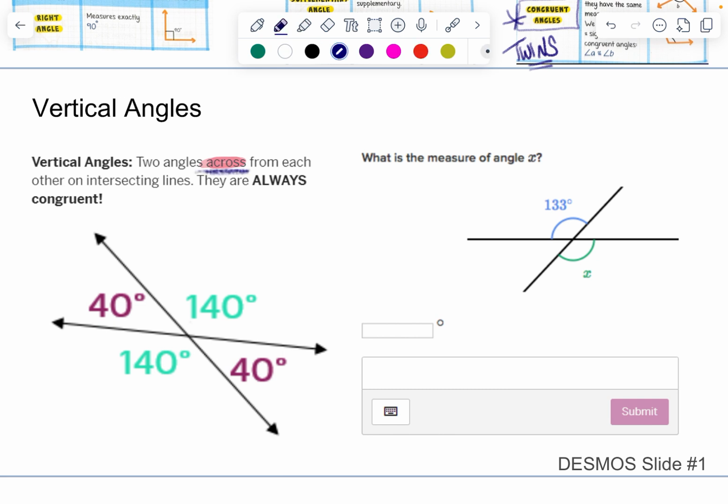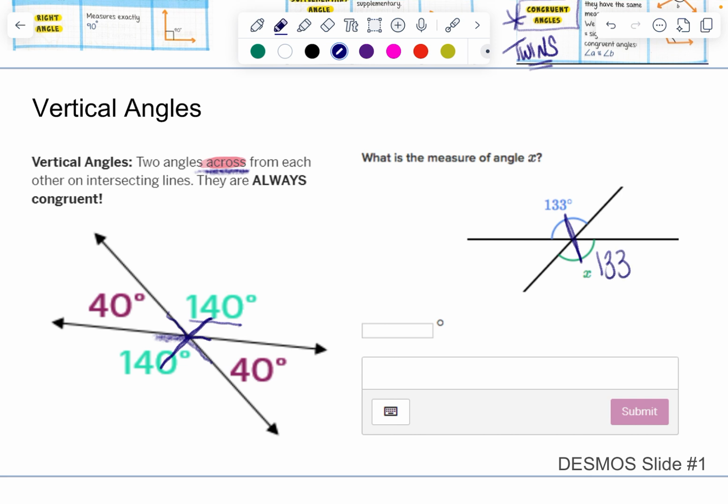So if you look at this 140 right here, the angle that is straight across from it is 140. But the thing I want you to look at the most is the fact that they're both obtuse angles. You can look at those two angles and see they are identical. 133, the angle that's right across from it is this X, and it would also be 133 degrees.